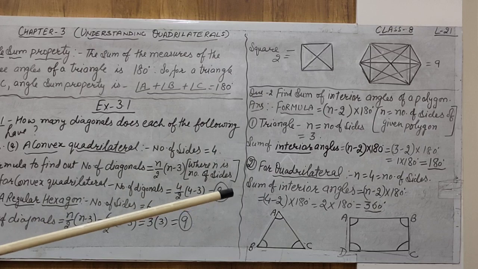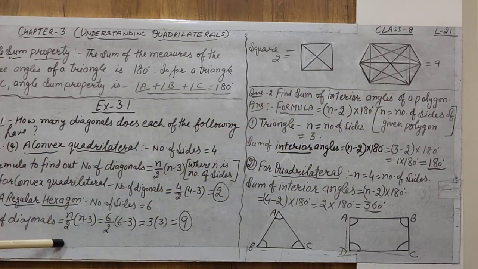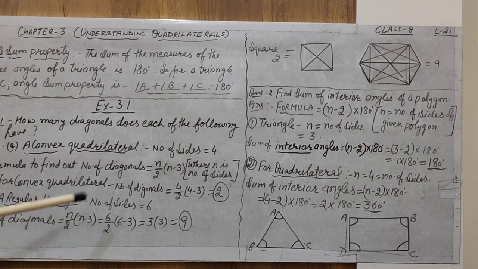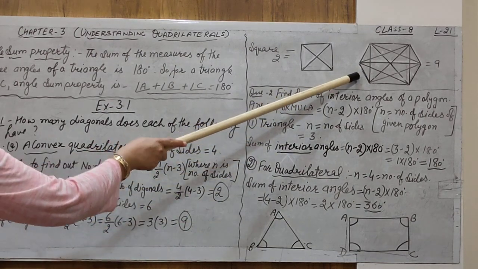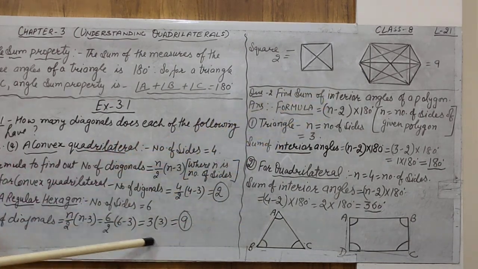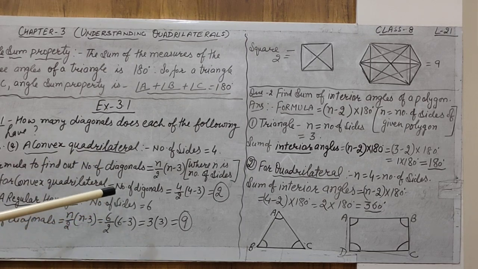The total is 9 diagonals in a hexagon, which we count from this formula. This is the formula to find directly without drawing. You can find the number of diagonals directly by using the number of sides of a polygon, and then you can draw to explain the number of diagonals. So this is the method. By this method you can find the number of diagonals for all polygons.